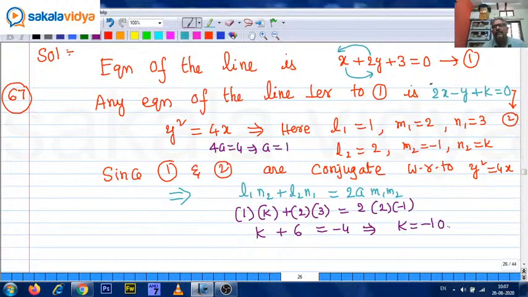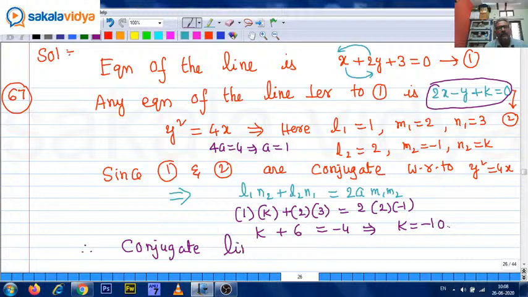Substitute the k value in equation 2. We get the required equation. Therefore the conjugate line is 2x minus y minus 10 equals 0. This is the answer.